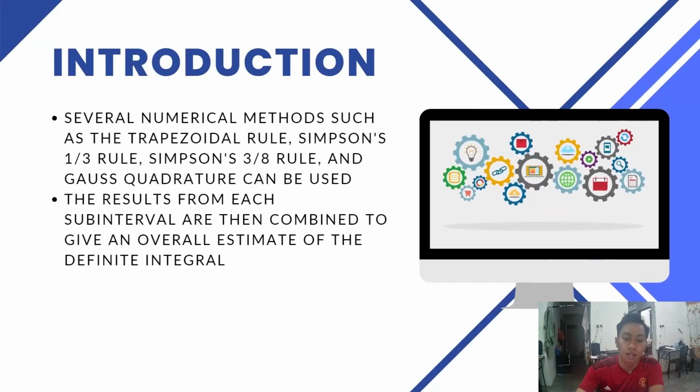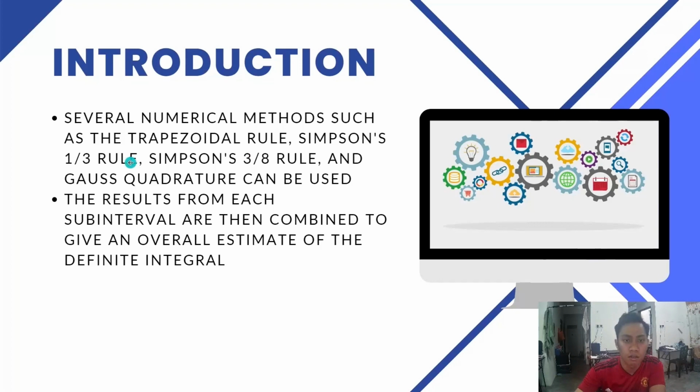There are several numerical methods that can be used to approximate the definite integral, including the trapezoidal rule, which approximates the area under the curve as a series of trapezoids.